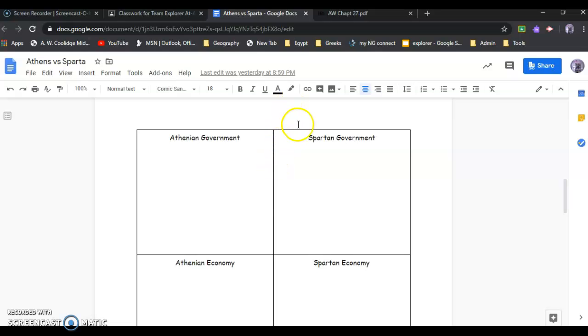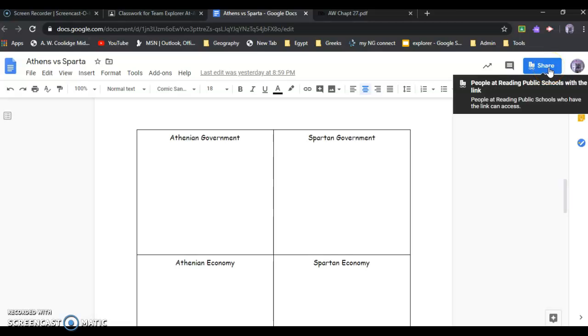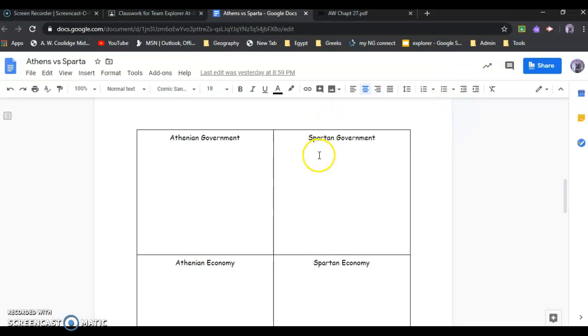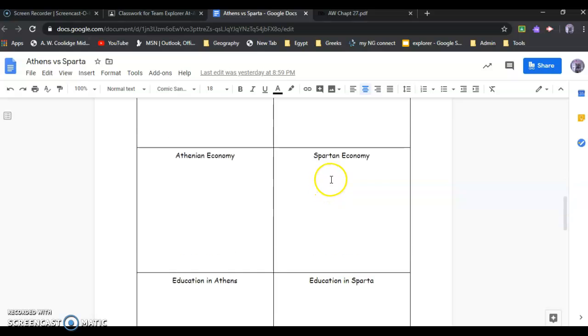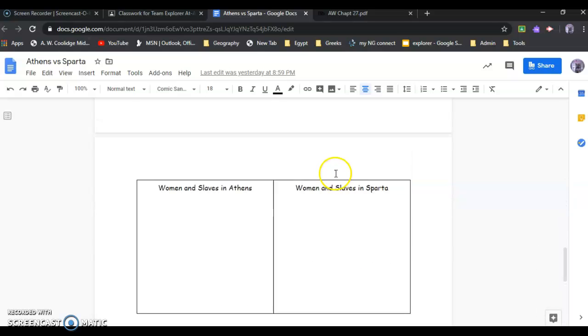One thing I think you should do is share it with me after you've started it. That way I can look at it and comment and help you along, so to speak. Do not submit it or turn it in if you're only partially done. You would only turn it in when you're completely done with the graphic organizer and the reading.